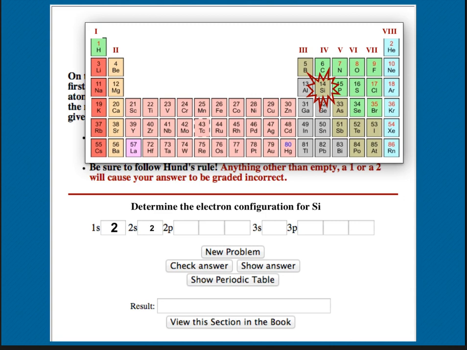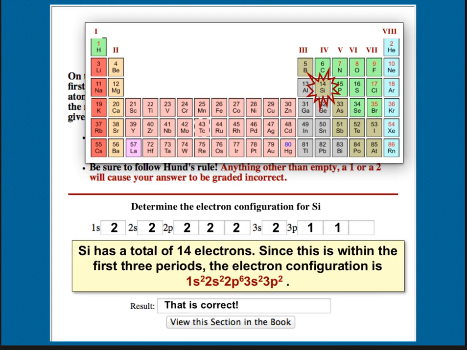So a 2, and then 2, 2, 2. 3s is going to be full. And now we have 2p electrons, and we put them in one at a time. Boom, boom.